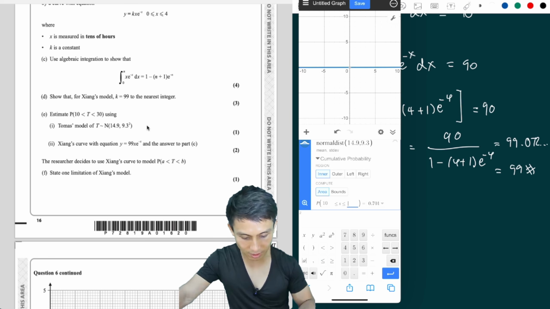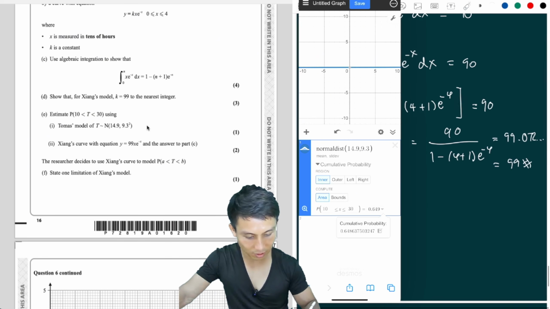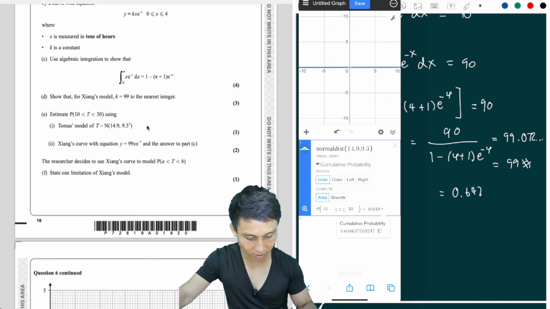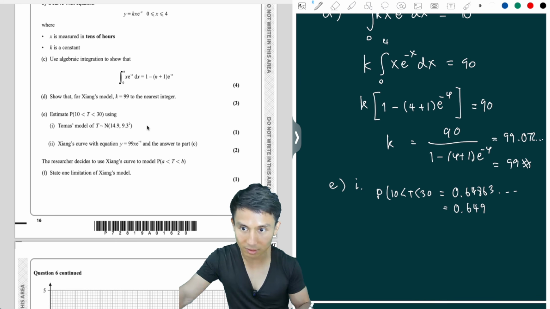So that's 10, and that one is 30. Let me write down the value first, 0.64863 and so on. I'm just going to round that to 0.649. So that's the probability of T from 10 to 30.